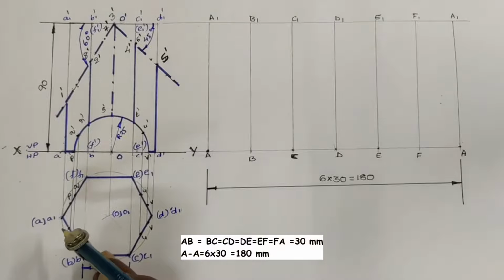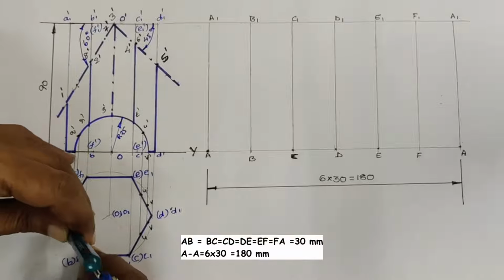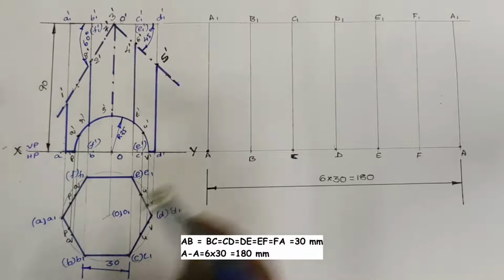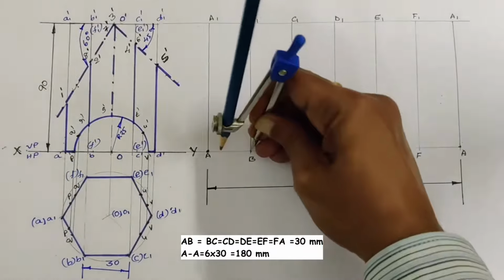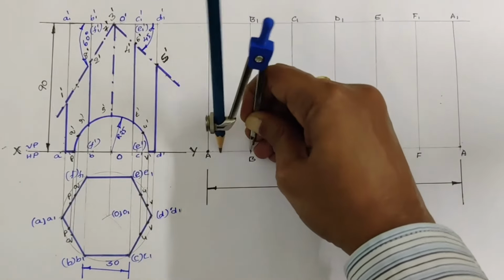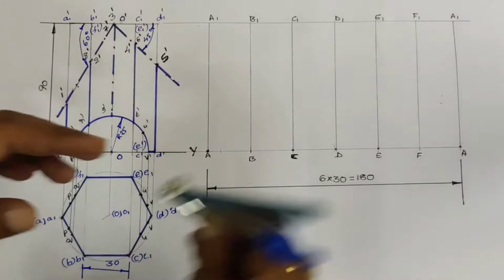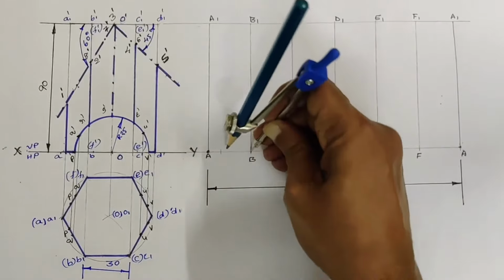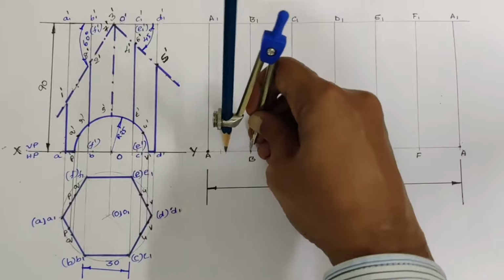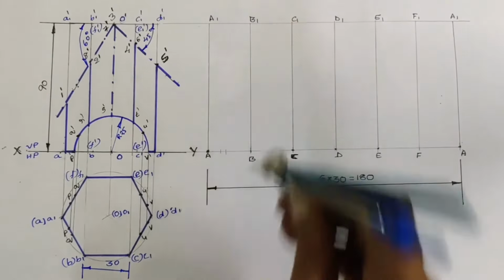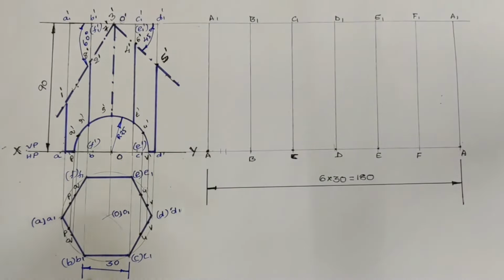For that, take BP as radius, B as center, draw an arc. Similarly, BQ as radius, B as center, draw an arc. Similarly, CU and CV also with the same radius, and these two points are on the CD base edge.